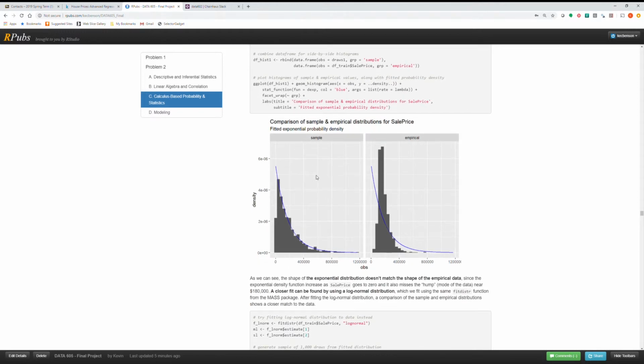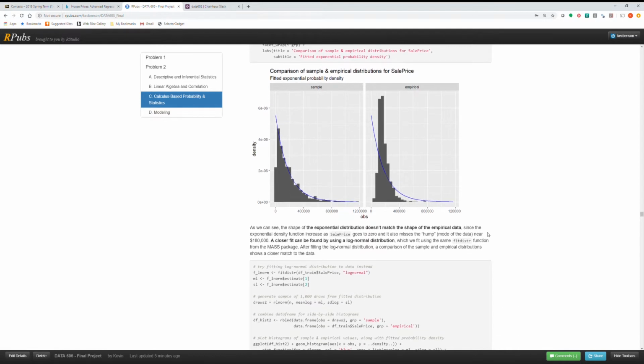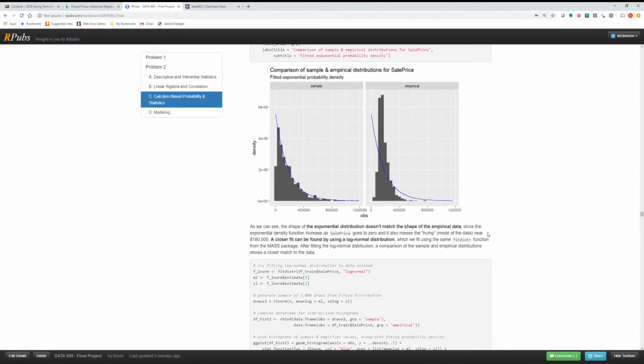The sample distribution is on the left, whereas the empirical sale price variable distribution is on the right. What we see is that the exponential distribution does not closely fit the empirical data. It seems to be missing the hump that occurs near the mode of the distribution, which is approximately 180,000. And the exponential distribution continues to increase as you approach 0.